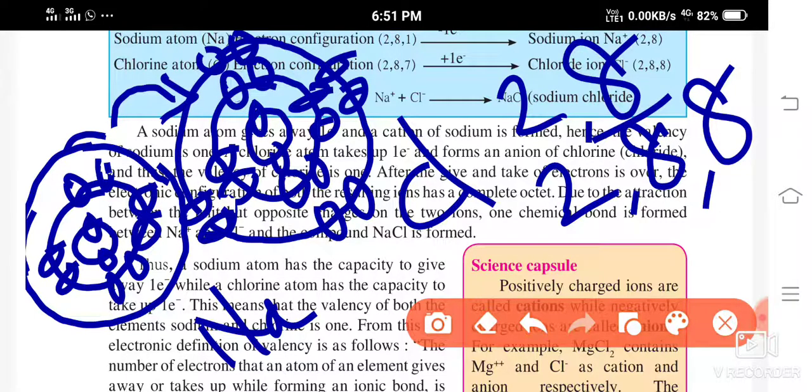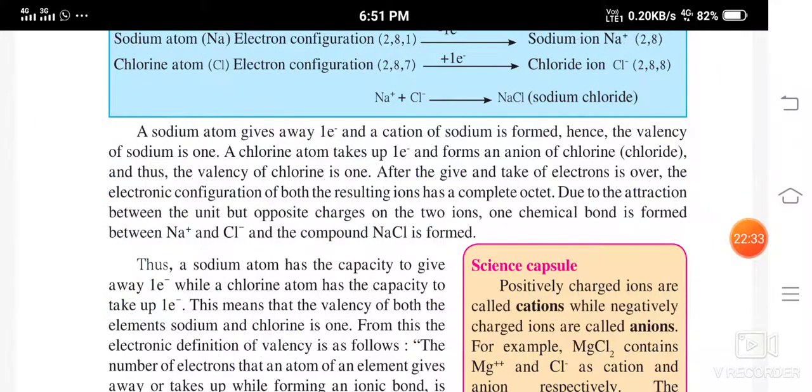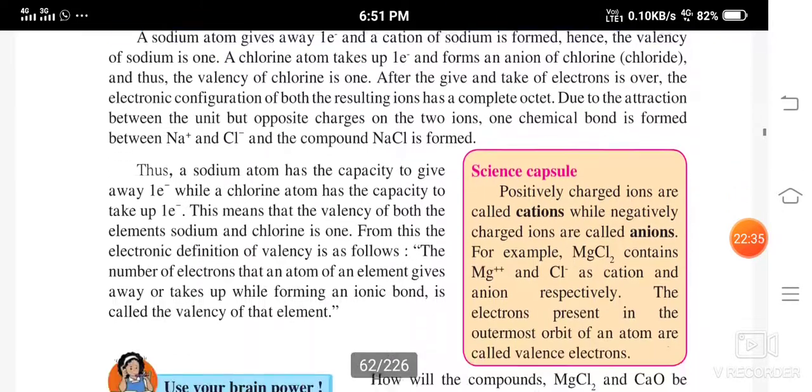So, sodium also attained octet state, right? This is the outermost shell now, the second one, right? Now see, chlorine also attained the octet state because it has got 1 electron from sodium. So, a bond will be formed between these two and we call it sodium chloride.